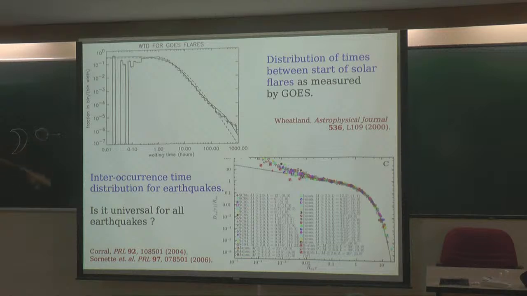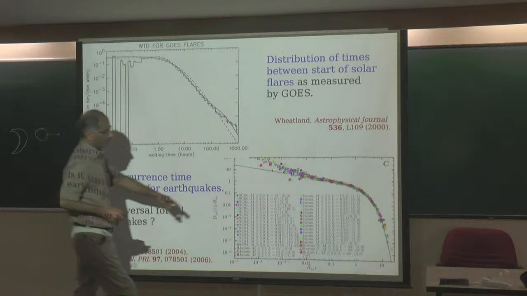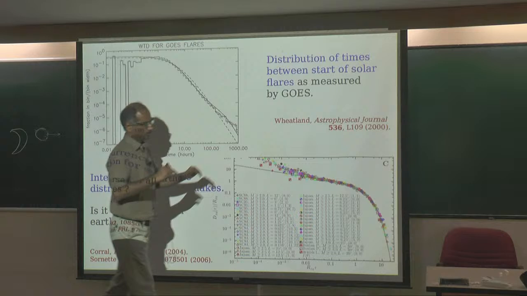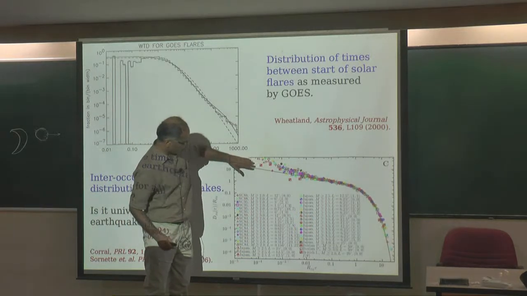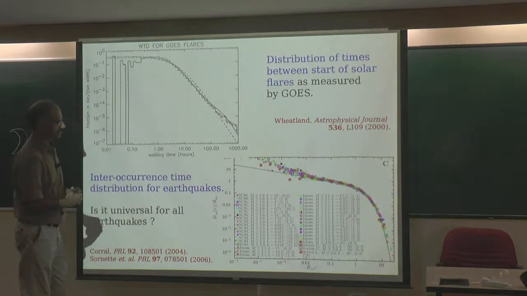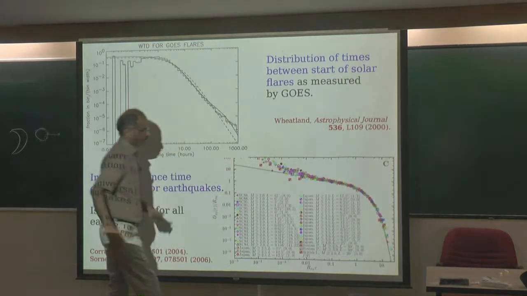Okay, so these are some examples of such recurrence time distributions coming from solar flares. This is the one coming from earthquakes and so on. So these kind of results were known from many different areas of this kind. Typically what happens is you see something closer to a stretched exponential, and closer to small return interval values you see something that looks like a straight line in this log-log plot, more like a power law.